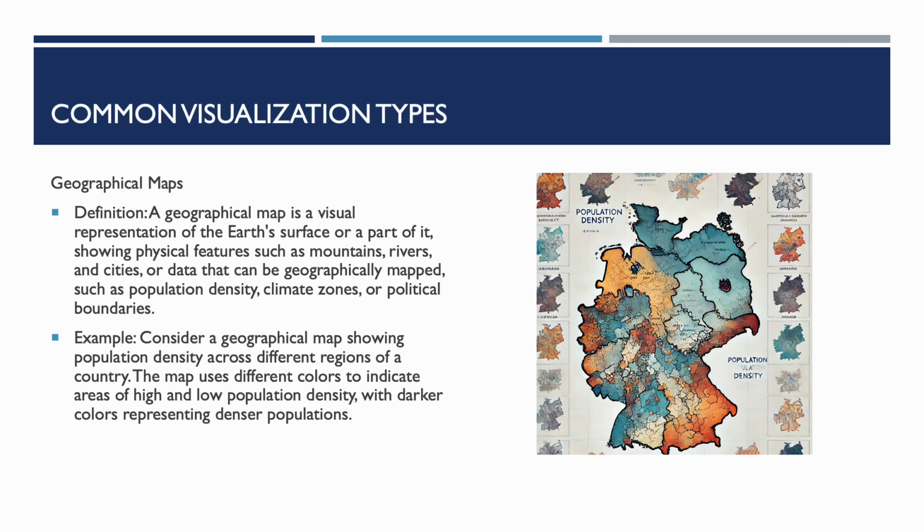See this example, which shows the population density across different regions of a country. The map uses different colors to indicate areas of high and low population density, with darker colors representing denser population. So if you see inside the map, the darker colors represent more dense population.